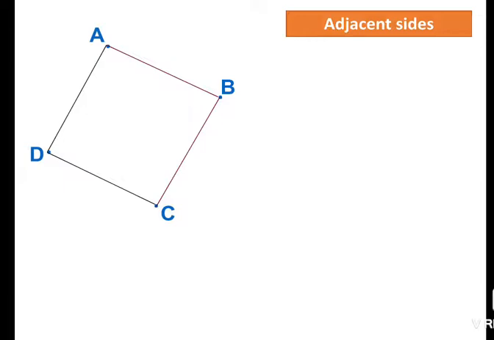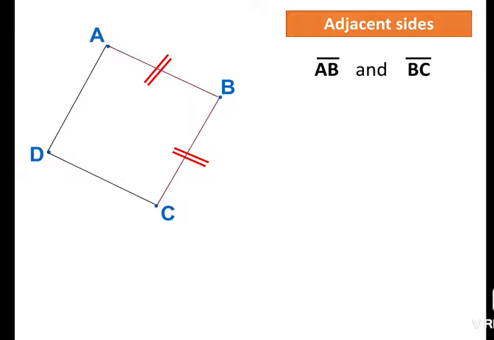Listen very carefully to the screen, then only you can understand adjacent sides. Here 2 sides are marked with red lines, line segment AB and line segment BC. Side AB and BC are adjacent sides.